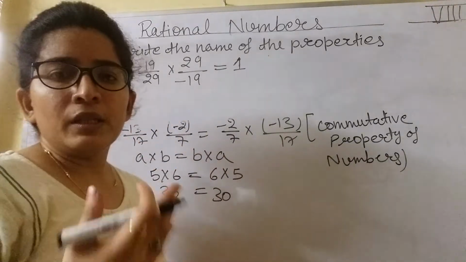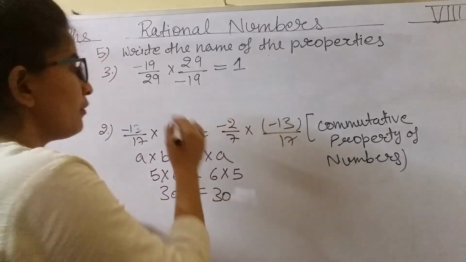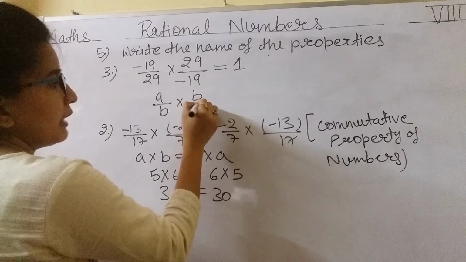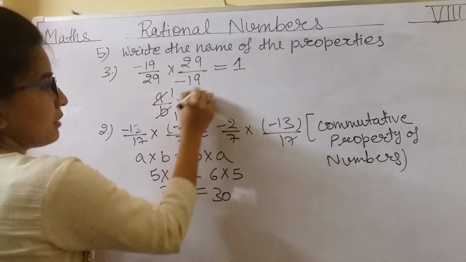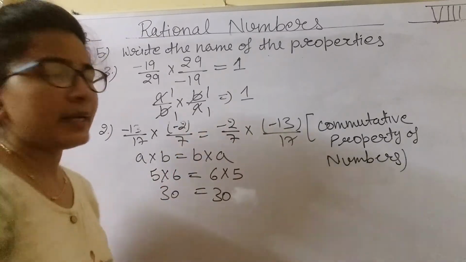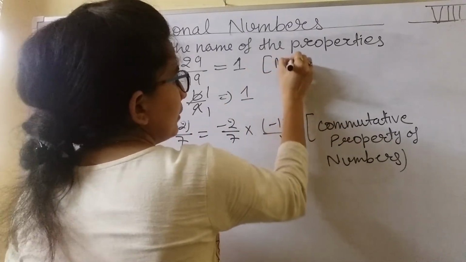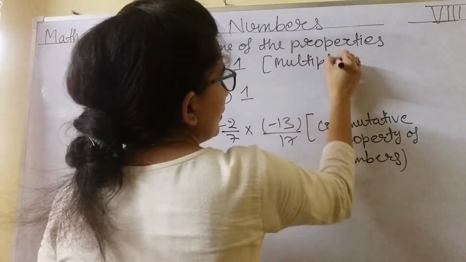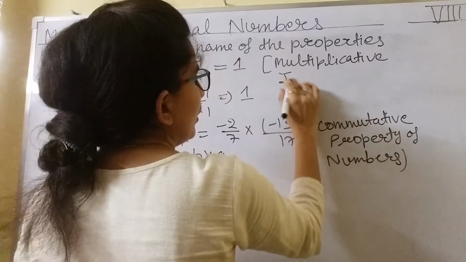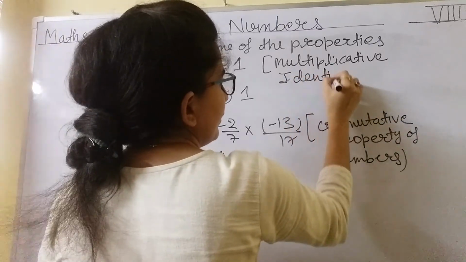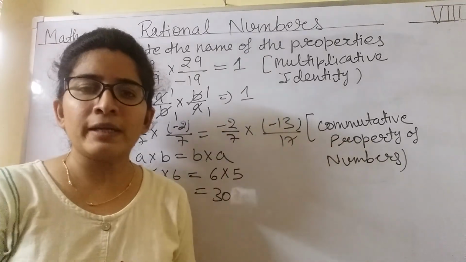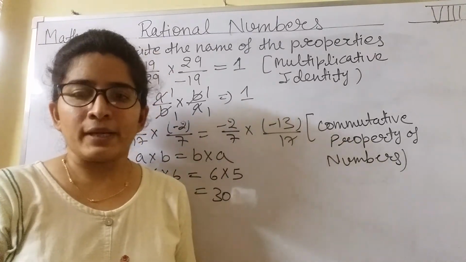Now in the case of the reciprocal, we see that if we multiply a upon b with b upon a, we get a ones are a, b ones are b, we get 1 as a product. So that is multiplicative identity, where we multiply the number with the reciprocal of that number, so we get 1 as a product.